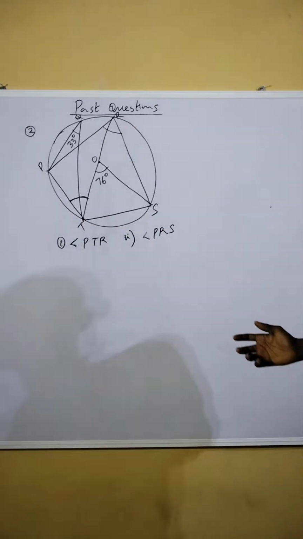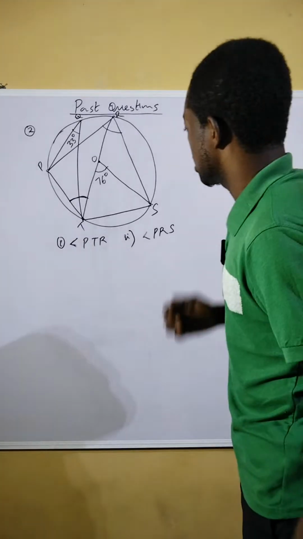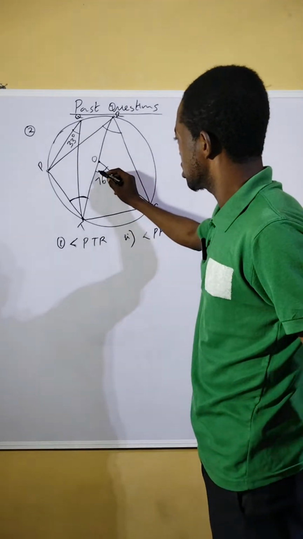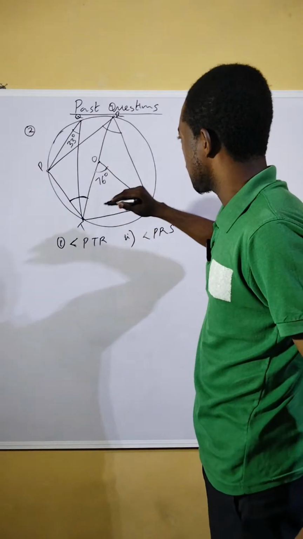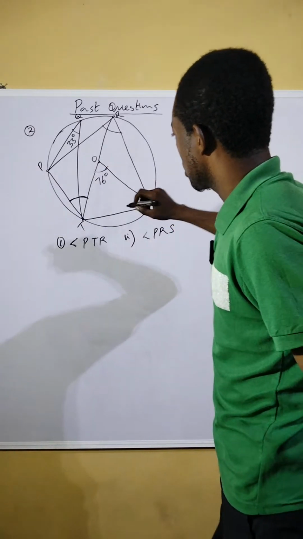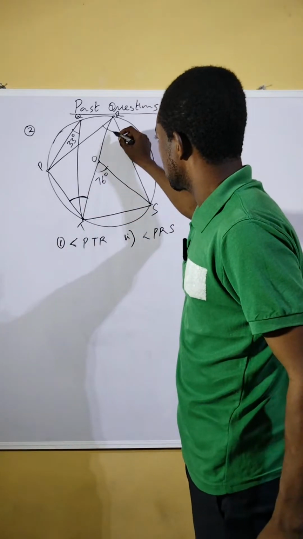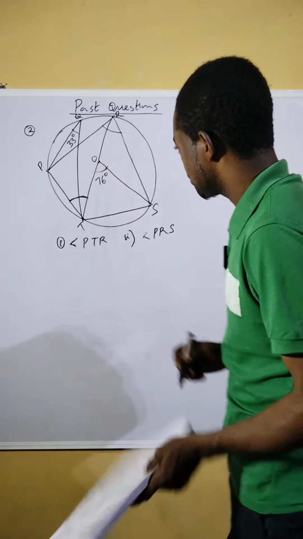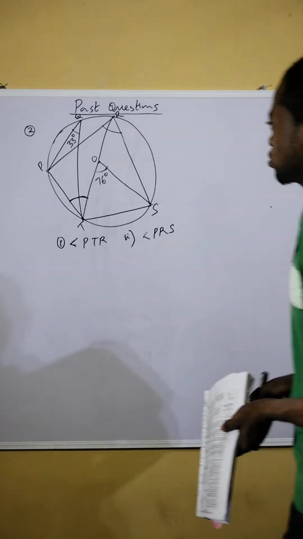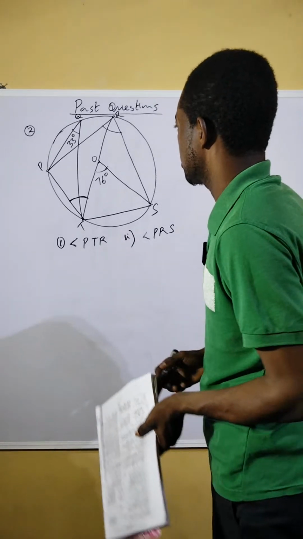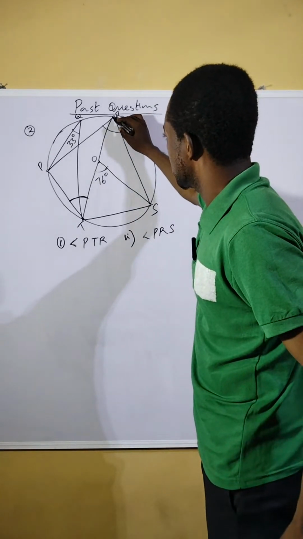And first thing we need to look at in this diagram is that this 76-degree here is angle at the center. Okay? And this line also passing through the center here.